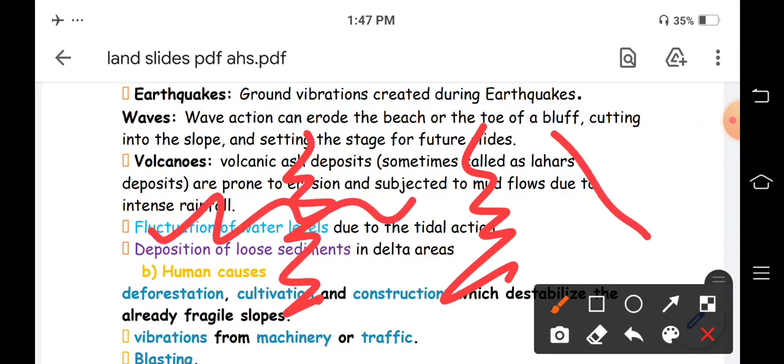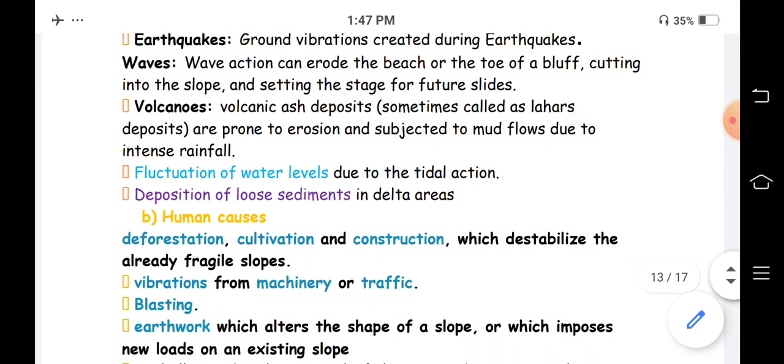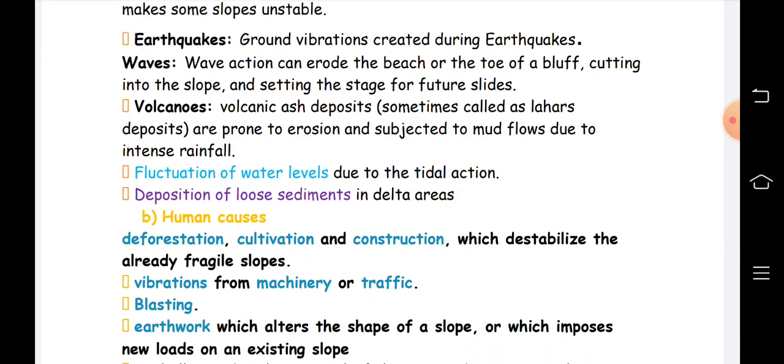Okay, suppose this is our sloping area. When an earthquake occurs, due to these vertical and horizontal vibrations, this soil will try to slide in the downward direction. Then the volcanoes. Volcanic ash deposits, which are called lahar deposits, are prone to erosion and subject to mud flow due to intensity of rainfall.